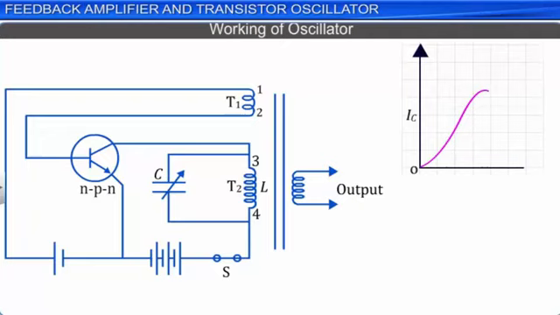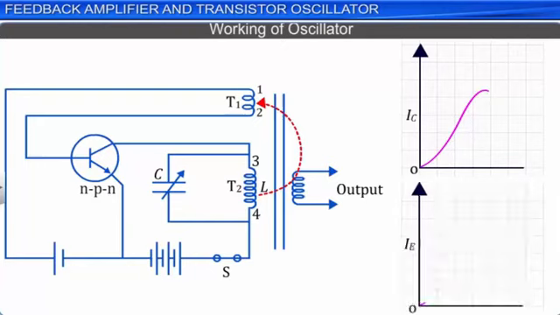As the collector current rises in coil T2, it induces a current in coil T1. Due to this inductance, or positive feedback from coil T2 to coil T1, the emitter current also rises to a peak value as shown in the graph.